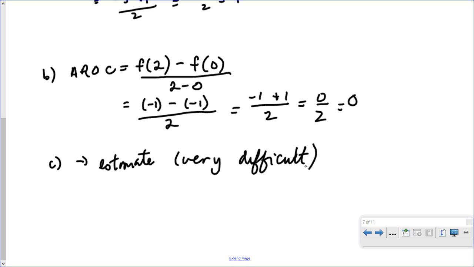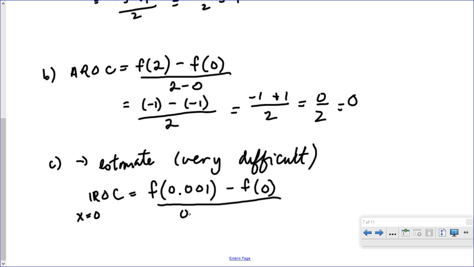Now if I wanted to use a formula, I'm going to show you why. I'm not going to calculate it, but I'm going to show you how I'd have to do this. If I want to find the rate of change at x equals 0, I'd still use my function, but I'd use a value very, very close to 0. So let's go 0.001, and then I'd subtract f at 0, and then I do the difference.